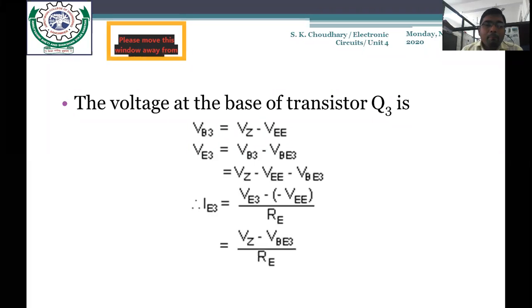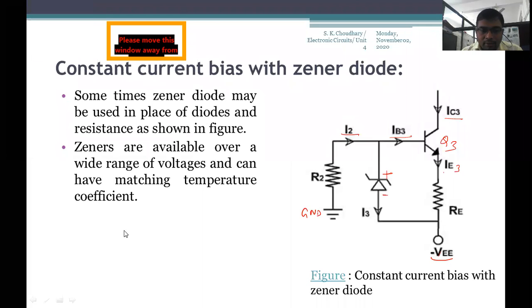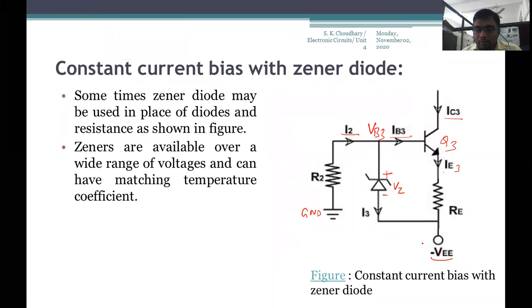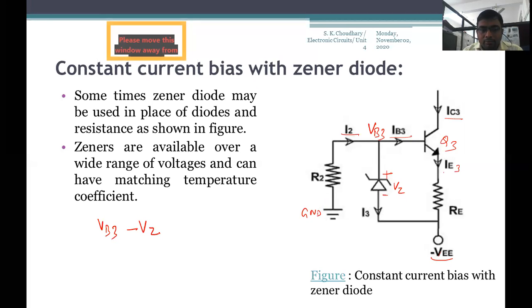First is the voltage at the base terminal. What is the voltage at the base terminal? You can refer to it as VB3. That is the voltage across the Zener diode and the negative power supply minus VEE.